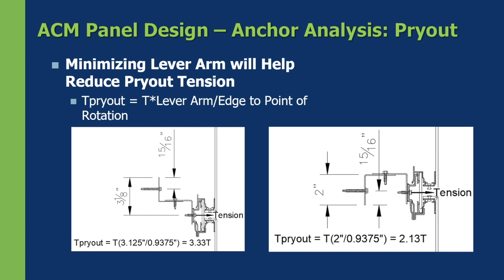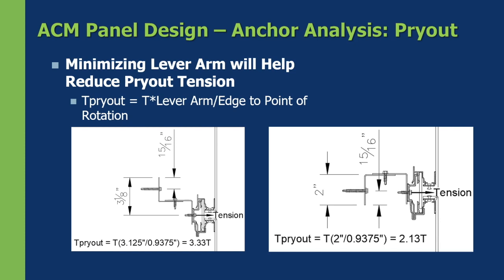And what we see is the longer the pry-out leg is, the larger the tension is. So if your tension, let's say, is 50 pounds, and in the left scenario, you have a built-up Z-girt or just a standard Z-girt that's 3 1/8 inches away from where the load's coming in, you could have a tension load that's 3.33 times larger.